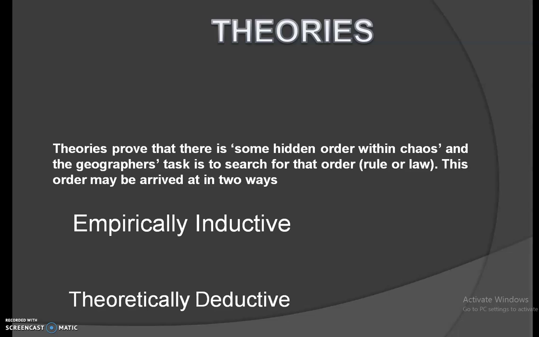So theories prove that there is some hidden order within a chaos, and the geographer's task is the search for that order, geographical rules, geographical laws. So this order may be arrived at in two ways, into two categories.